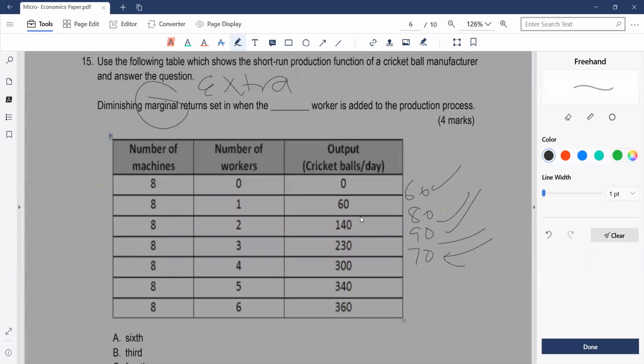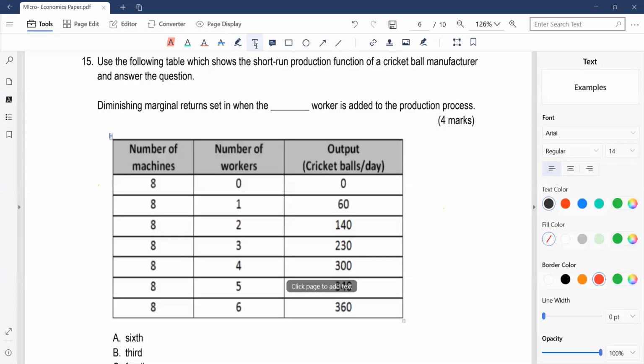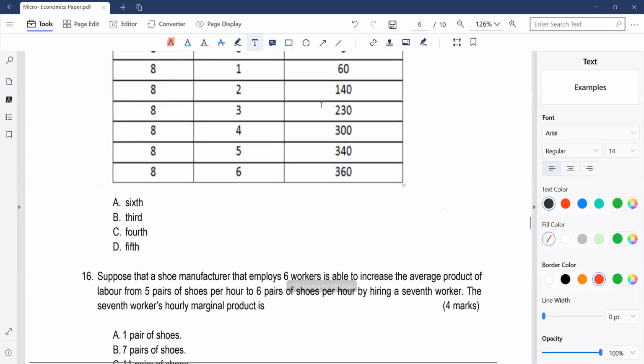Then it decreased from 90 to 70 when we added the fourth person. So number 15, answer is C.